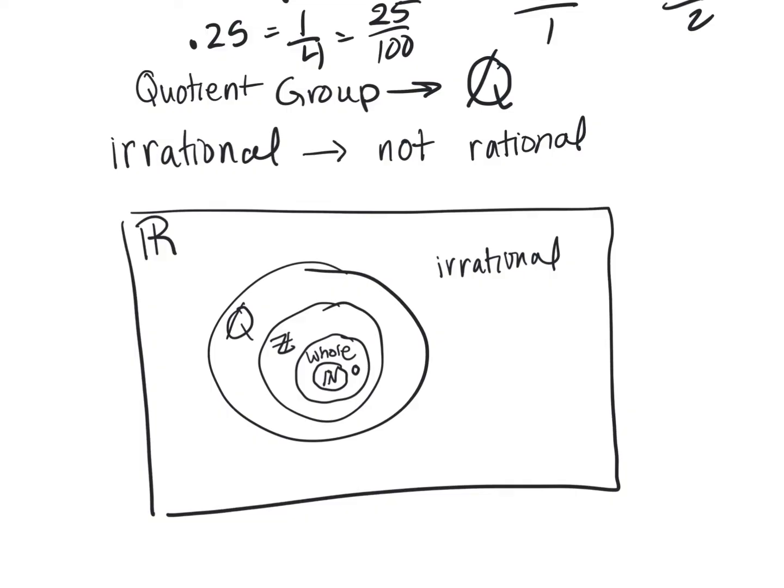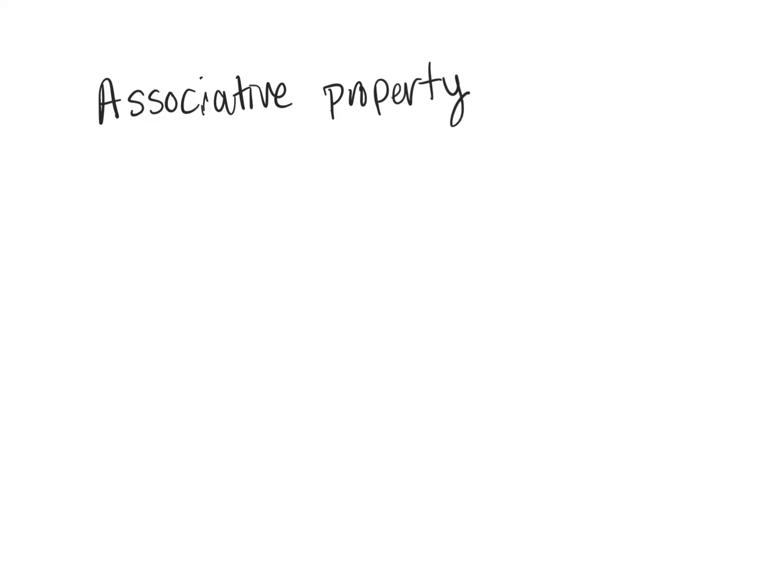All right. Now there are properties that you have learned in the past that I'm just going to remind you of. There's the associative property. You can think of this as a regrouping property.